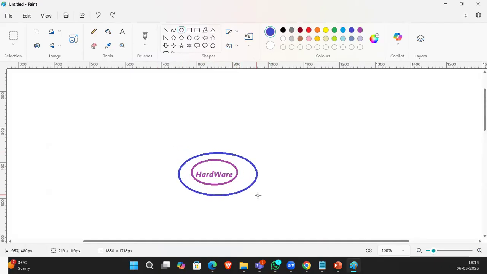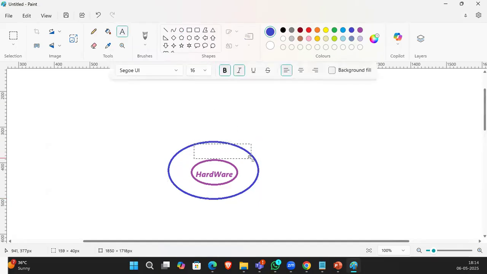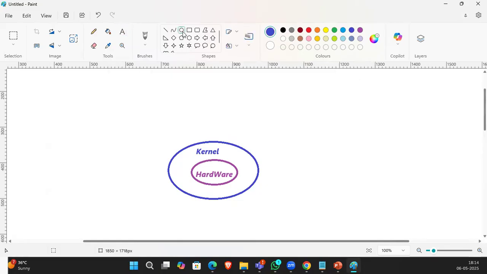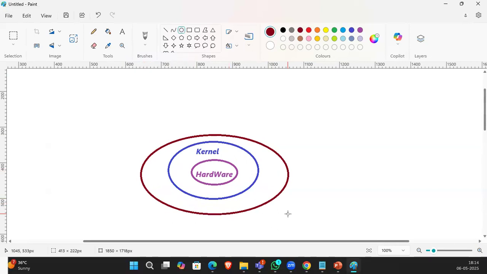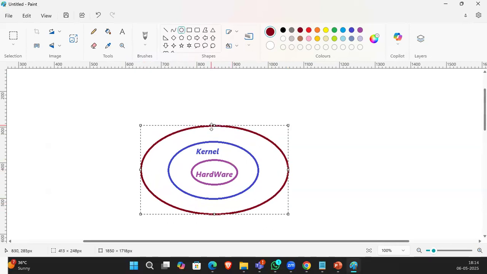Hardware will connect to the kernel. What is that, guys? Kernel. So kernel will connect to, yeah, I will show you.